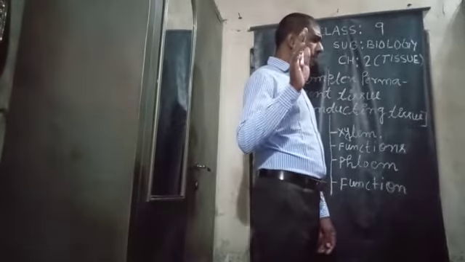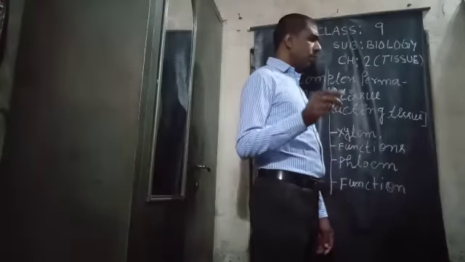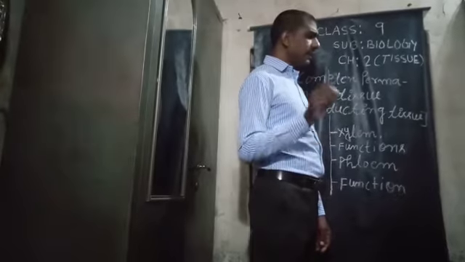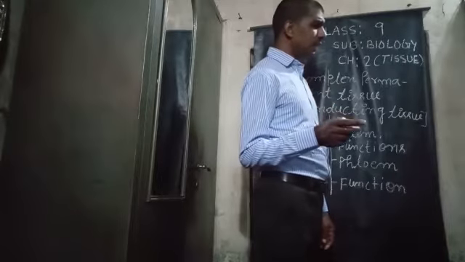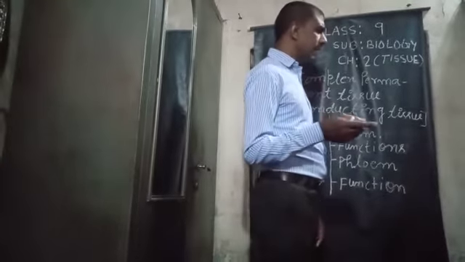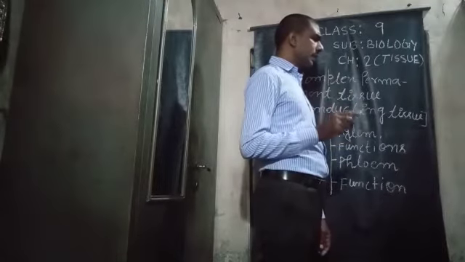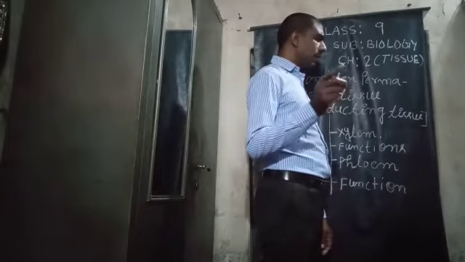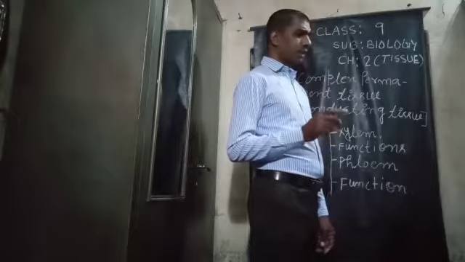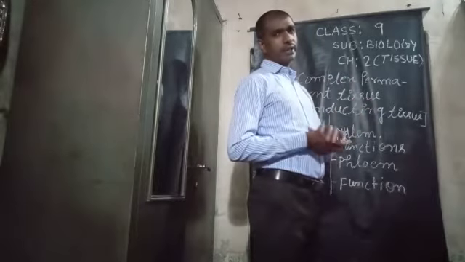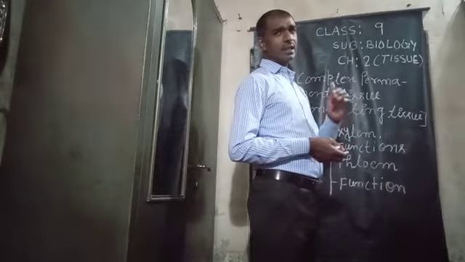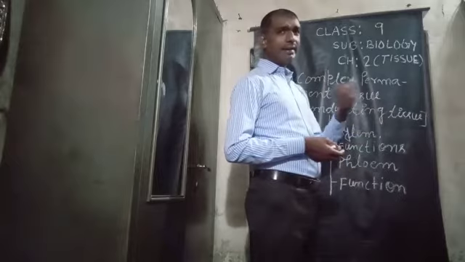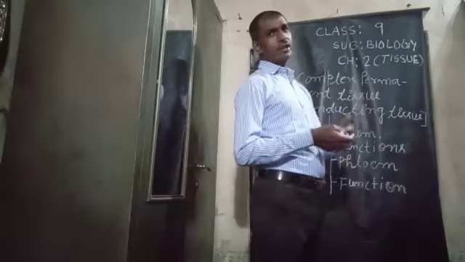The cytoplasm of a sieve tube cell is continuous with that of the adjacent sieve tube cell because the sieve plates allow cytoplasmic connections to pass through their pores. That means the walls are perforated and materials exit and enter through these perforated walls.